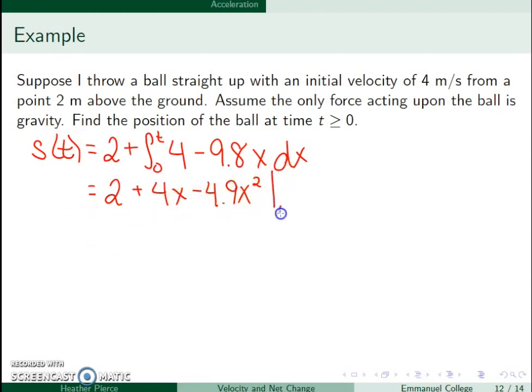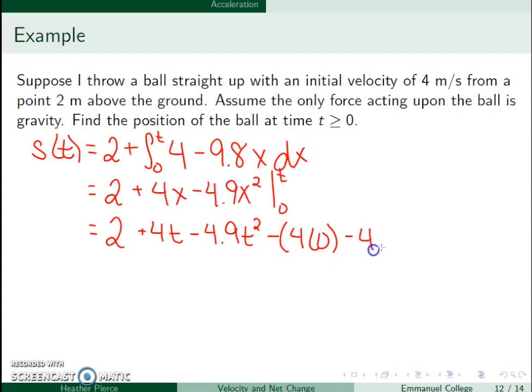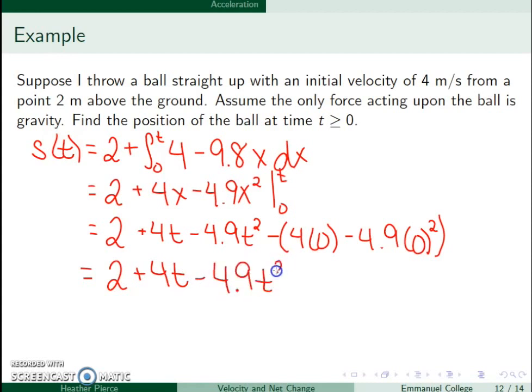And then we need to evaluate this between 0 and t. So this gives 2 plus 4t minus 4.9t squared minus 4 times 0 minus 4.9 times 0 squared. So our position is given by 2 plus 4t minus 4.9t squared.